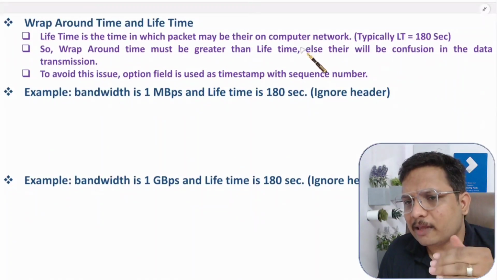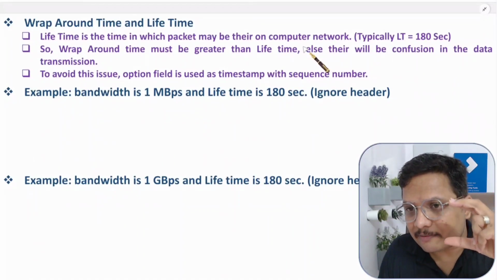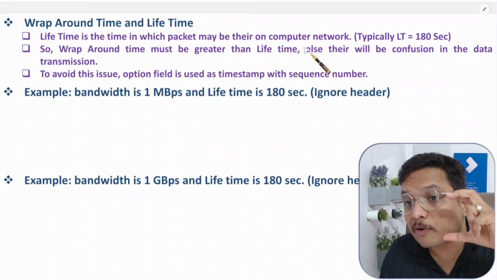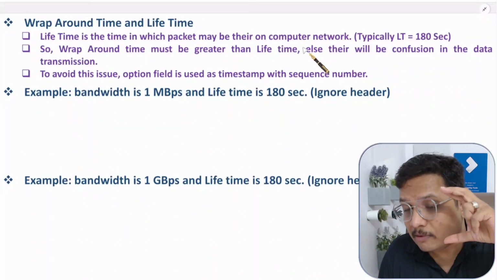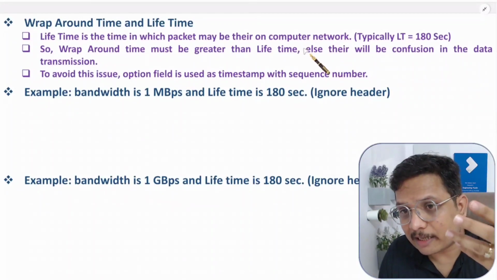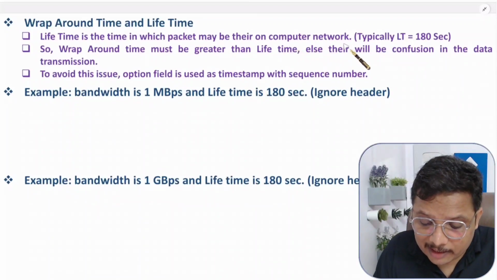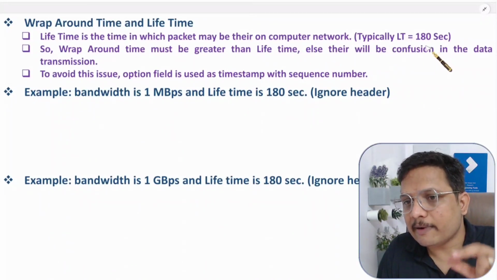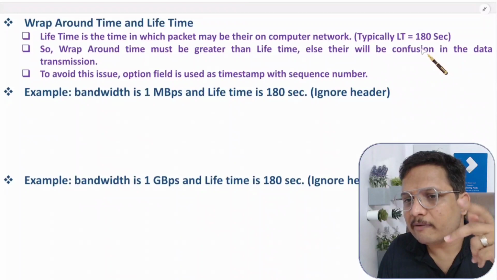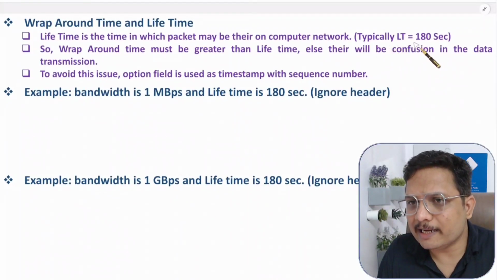A packet cannot be on the network for more than the lifetime. It is the maximum time for a packet, and after that the packet will get discarded. Typically it is 180 seconds in 2023. Obviously it will decrease in future, but in 2023 it is typically 180 seconds.